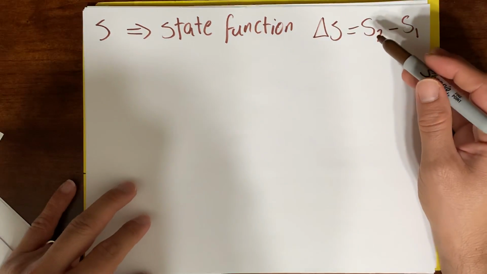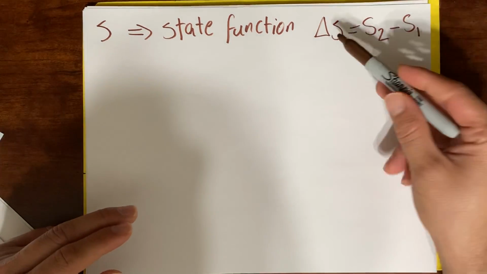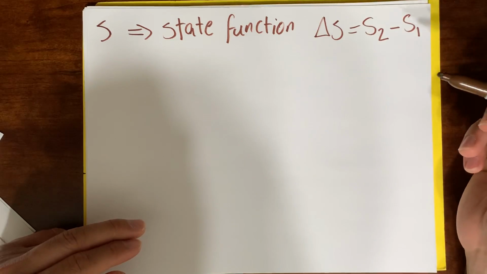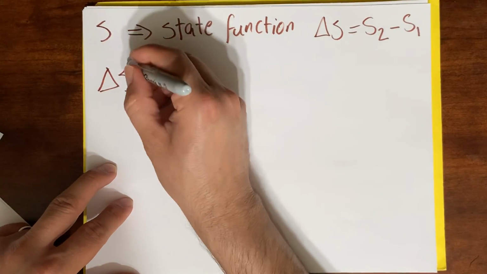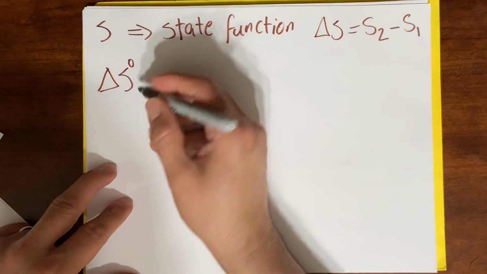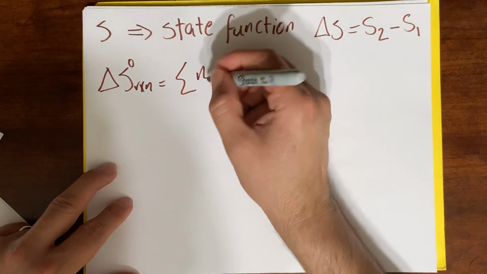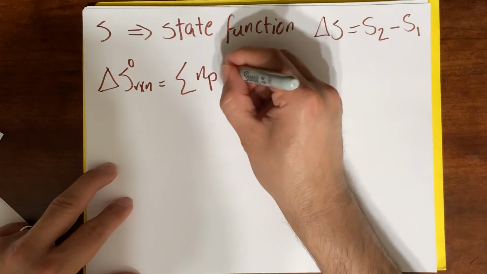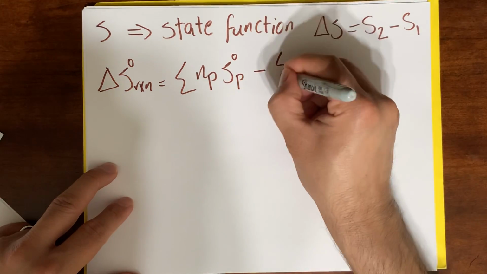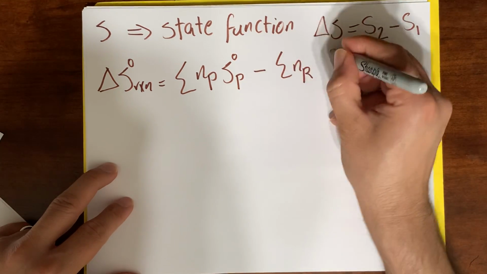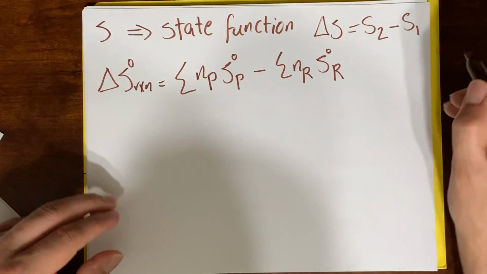I need to know entropy of the products and entropy of the reactants. I will subtract them, and that will give me the change in entropy. So the change in entropy under standard condition for any reaction is equal to number of moles of product multiplied by entropy of product minus number of moles of reactant multiplied by entropy of the reactant under standard condition.